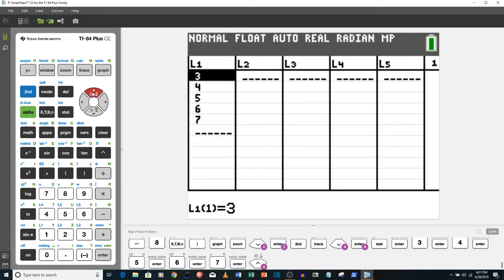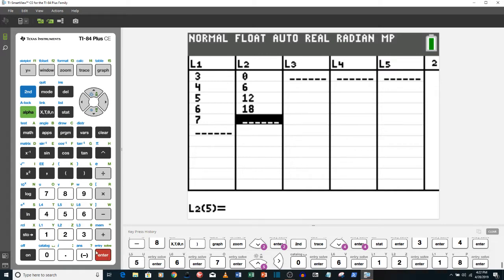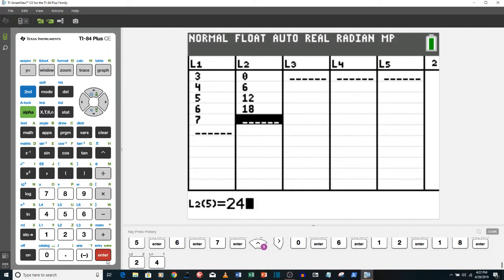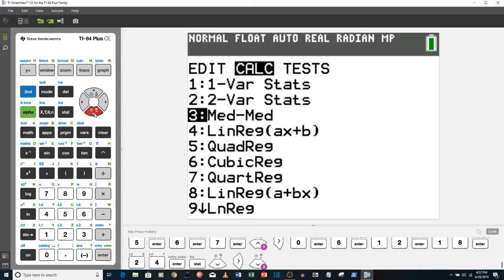And then go to the L2 column and put in 0, enter, 6, enter, 12, enter, 18, enter, 24, enter. And then it's just stat, calc 4, okay, for LinReg ax plus b.